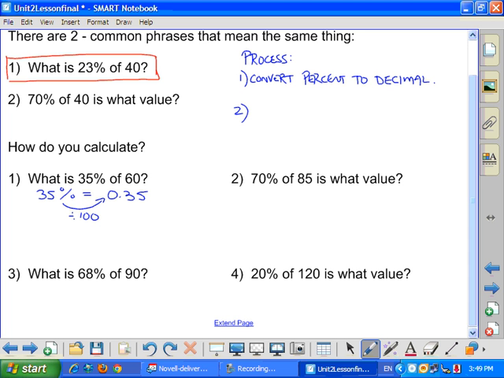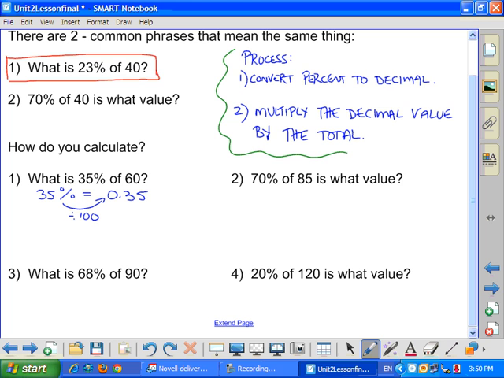Second step, you multiply the decimal value by the total. So the total amount, or how much you're given to start with. Okay, so here is your process, and that's it.